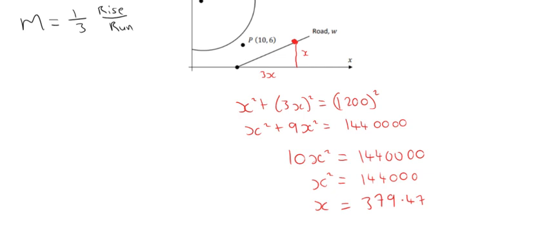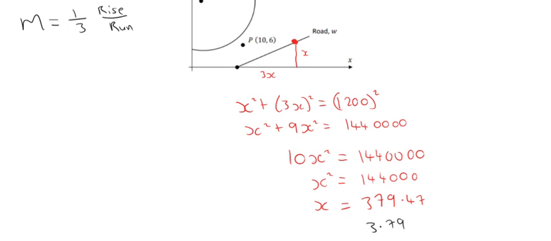Now just remember as well that that was in meters, so that 1200 was in meters that we had initially. Therefore, because we're looking for the coordinates on the diagram now, it's within the diagram really that we're looking at. So if I divide that by 100, then I get 3.79.